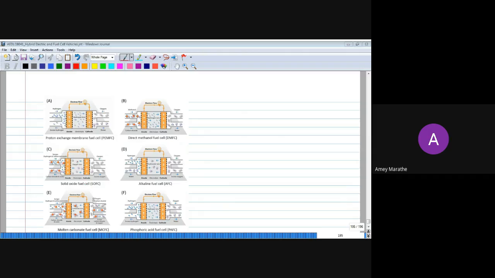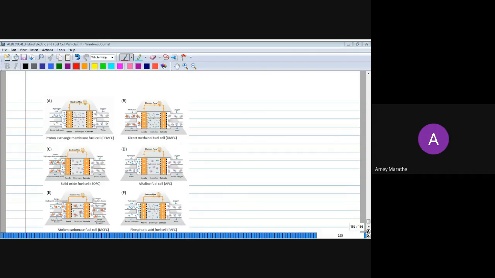You see oxygen ions are moving from cathode to anode. Alkaline fuel cell, hydroxide ions are moving from cathode to anode. Molten carbonate fuel cell, carbonate ions are moving from cathode to anode. And in phosphoric acid fuel cell, again hydrogen ions are moving from anode to cathode. So again, this is a summary which I want to put in front of you.